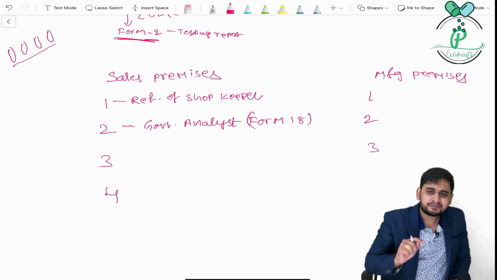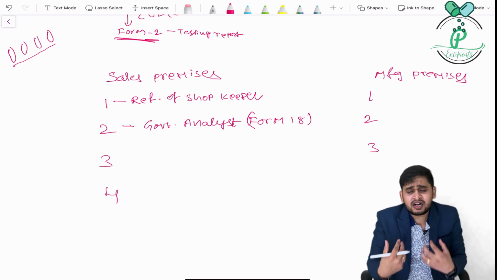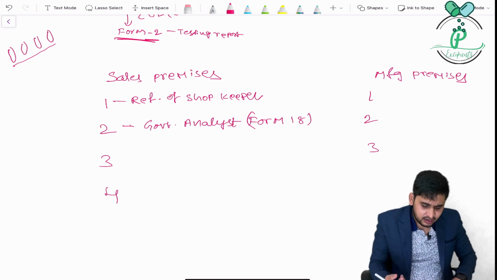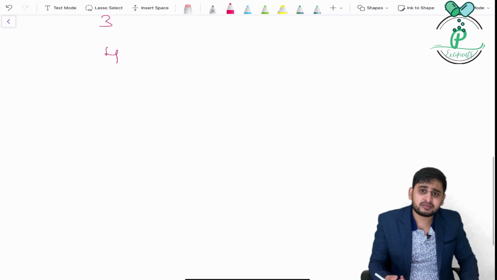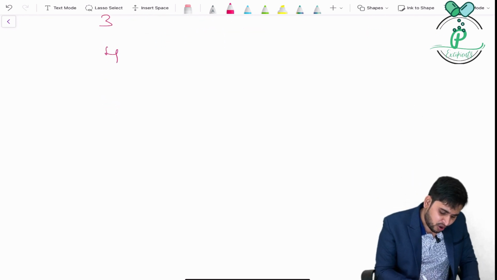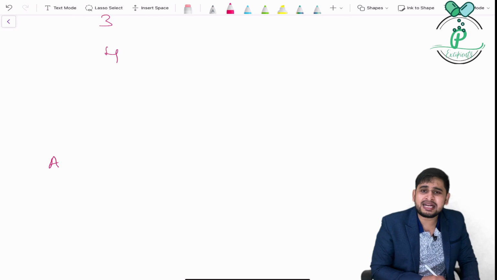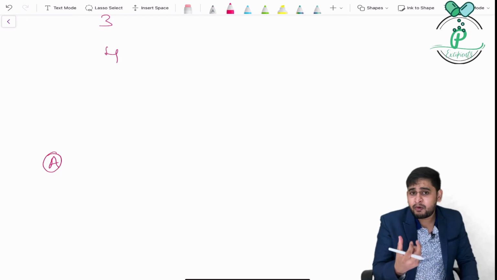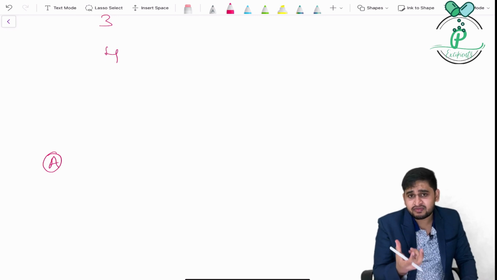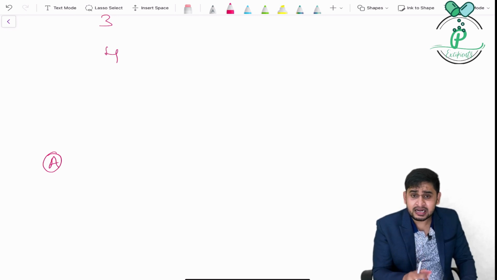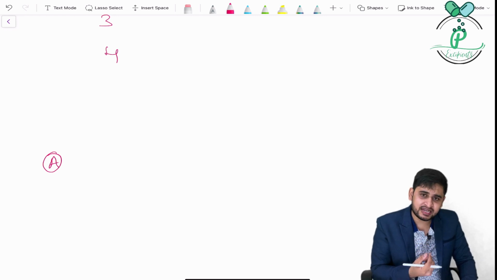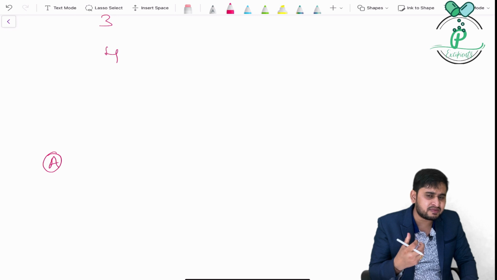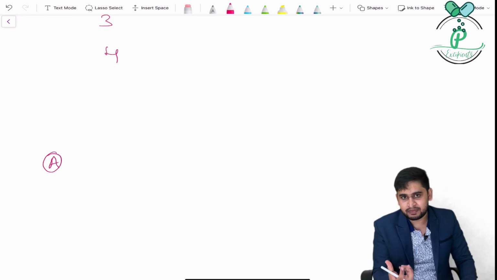Clear? So where is the third portion used here? Suppose you have drawn the sample from point A, and after reporting the NSQ, not of standard quality, of the drug, Dolo, you will ask for the bill from point A. The investigation starting point would be point A only.